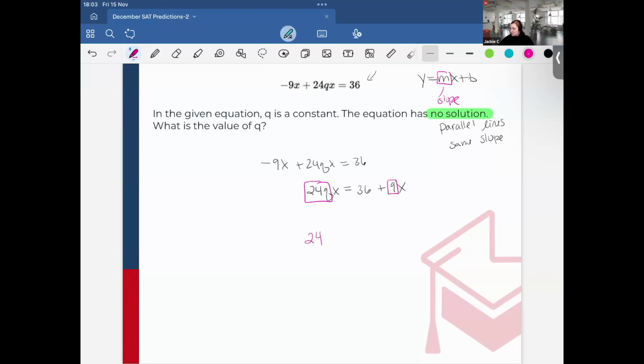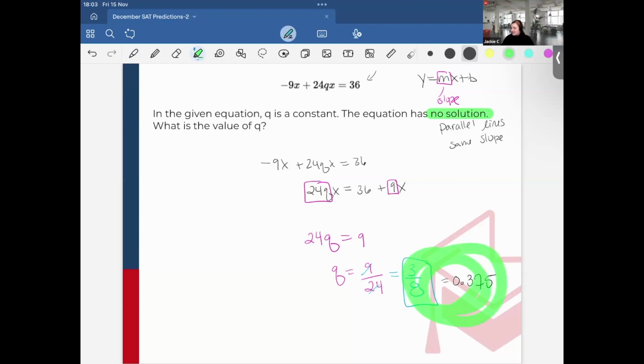And then I just have to do that 24q is equal to 9. Divide each side by 24, so 9/24 is equal to Q. Remember to always put the most simplified version on your answer key, so 3/8. An alternative would be 0.375. So both of these are acceptable winning answers.